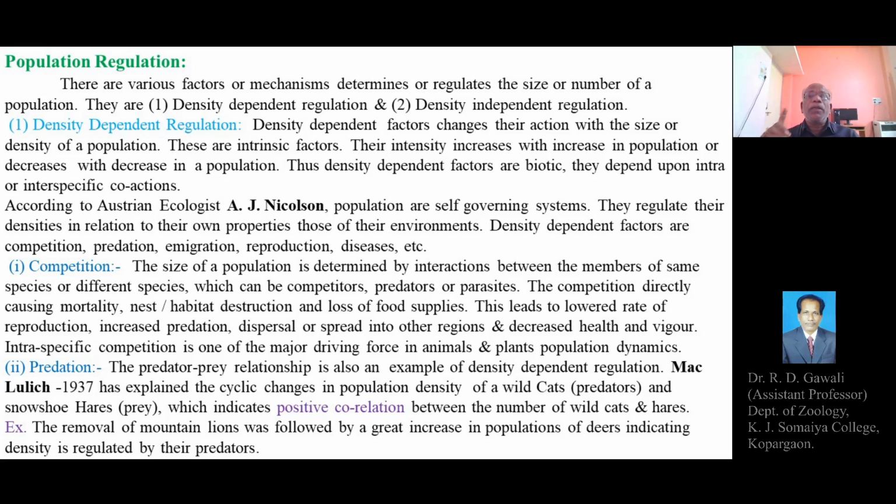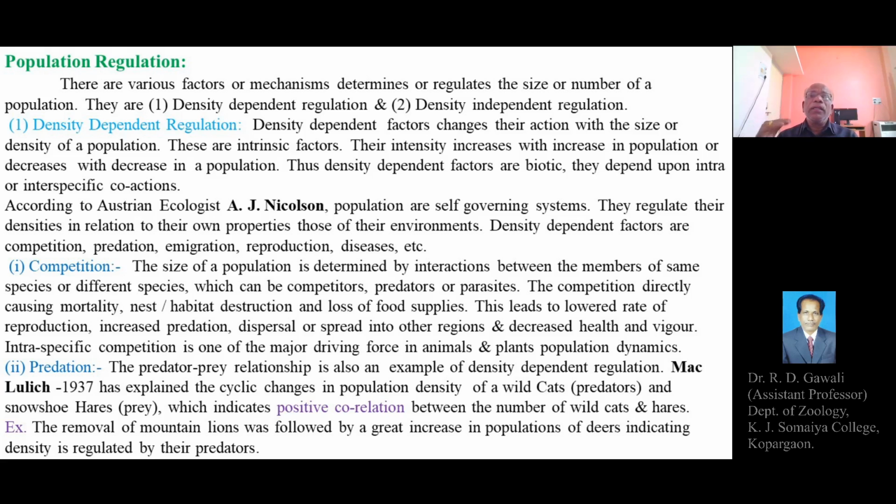They change their action or activities on the basis of the size of the population or number of individuals in a population. And these are called intrinsic factors.